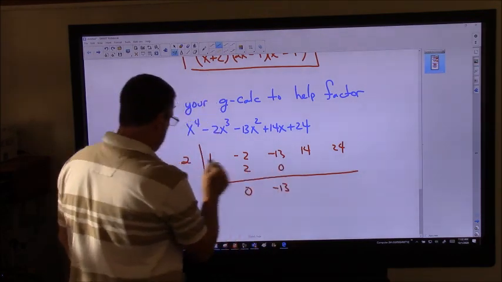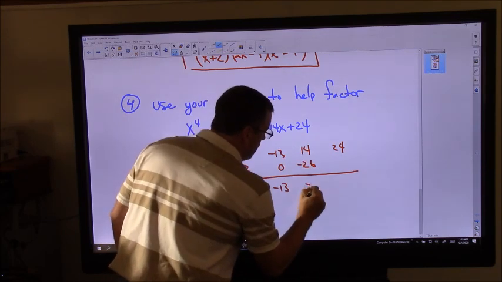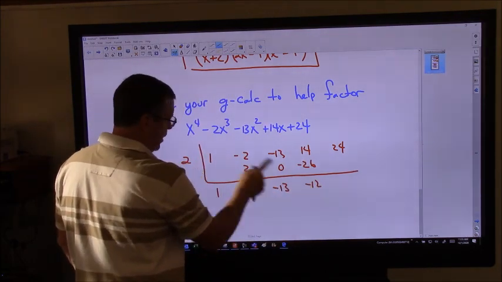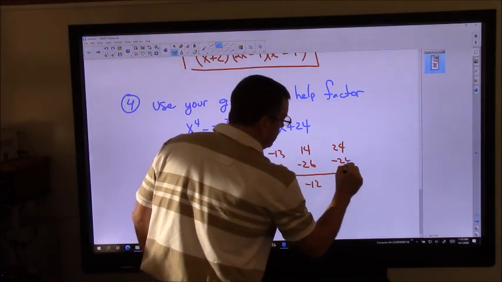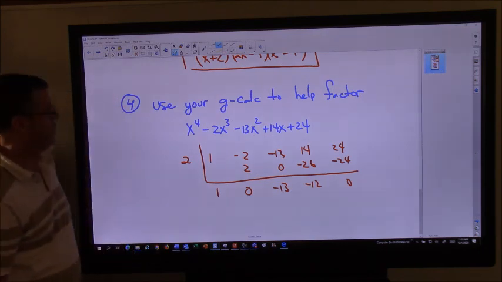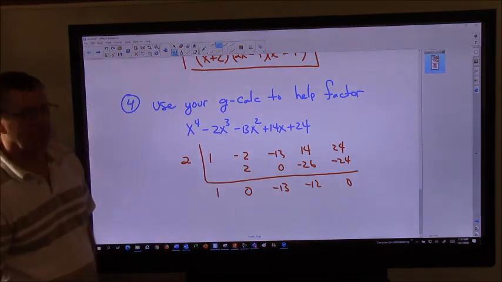Let's see, I'm not writing down my numbers here, so -26, add those, you get -12. And then 2 times -12, that's -24. Add those, I get 0. There's one of my zeros, which I will use to write a factor.